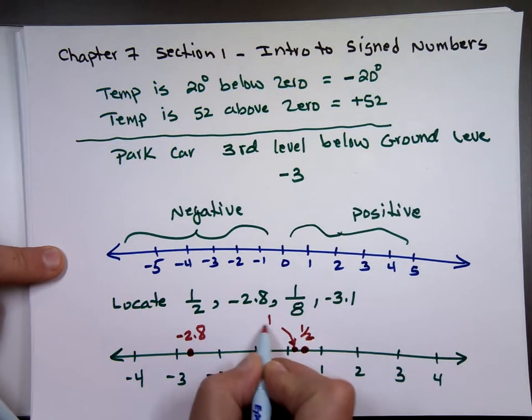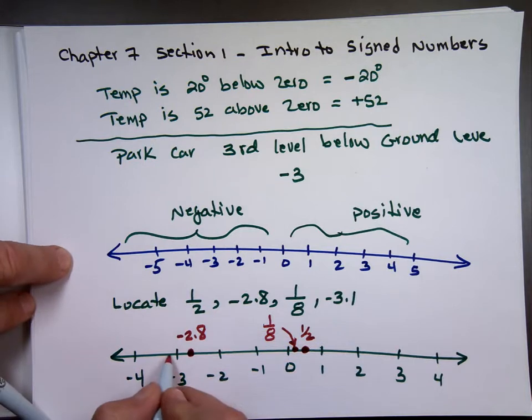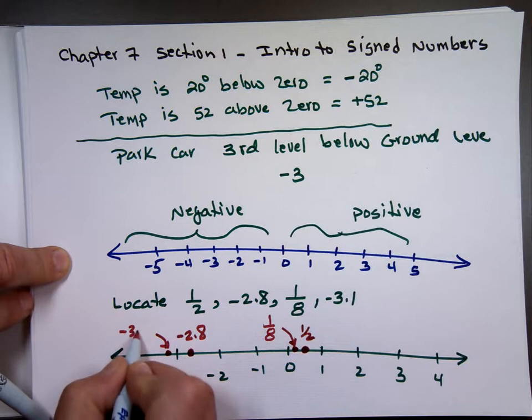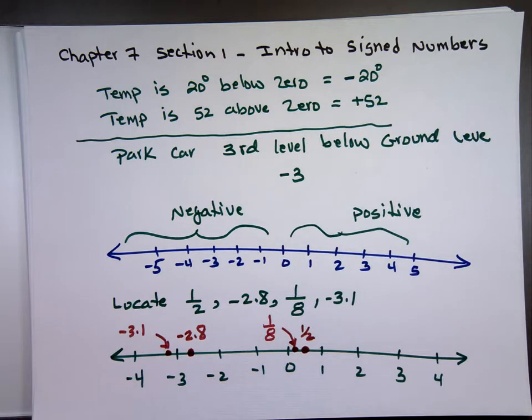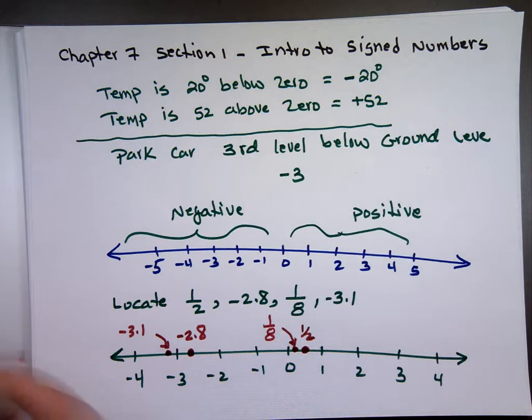This is the 1/8. If you take between 0 and 1, cut it into 8 places, in the first slot, that's where you put it. Where's the negative 3.1? Somewhere here. So the positive number is always to the right of 0. The negative number is always to the left of 0.